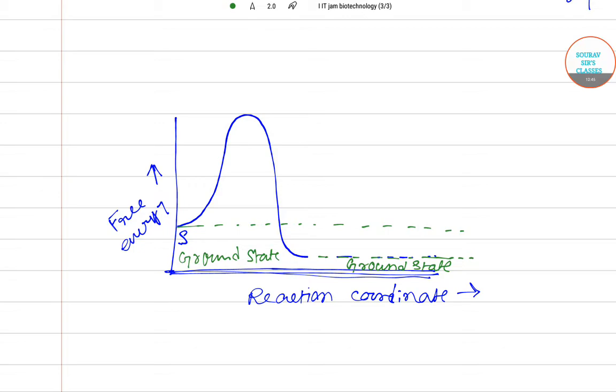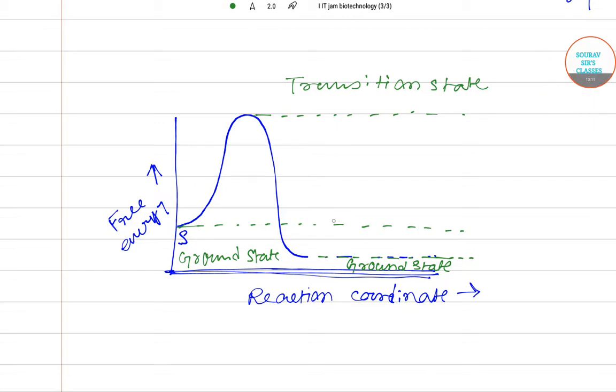Actually free energy is shifting with the reaction coordinate as this is increasing, and we will see the transient or transition state.